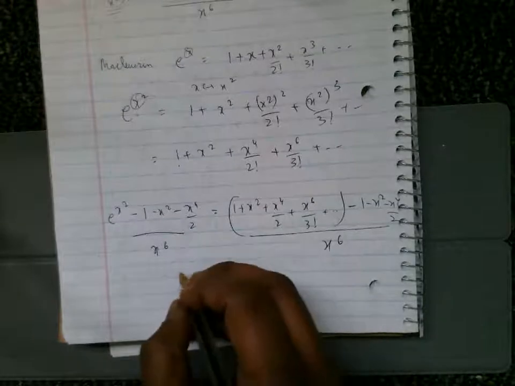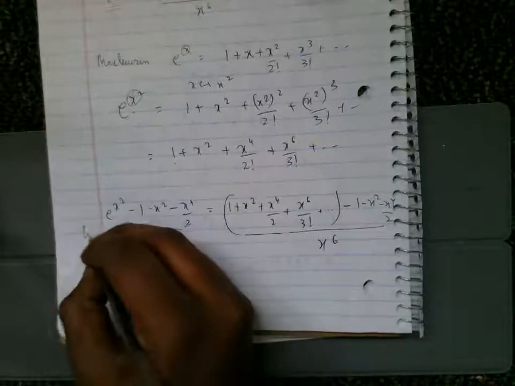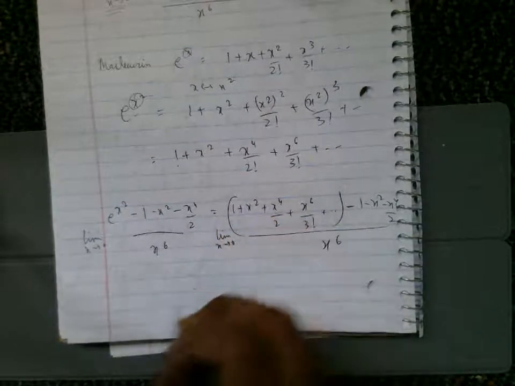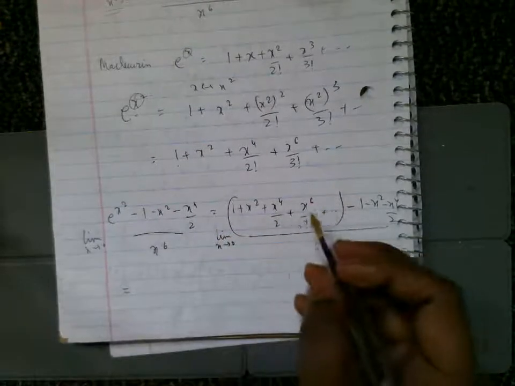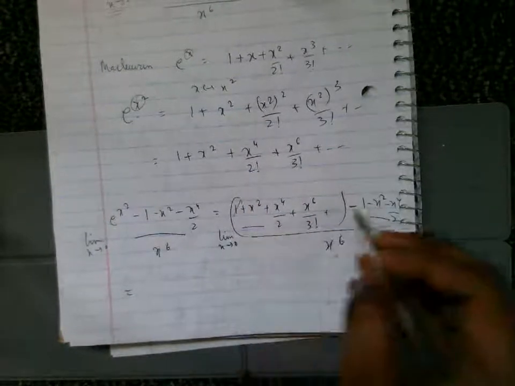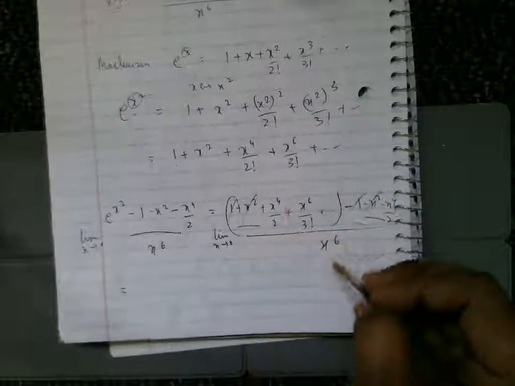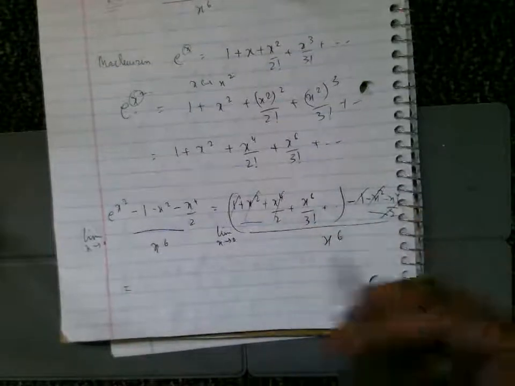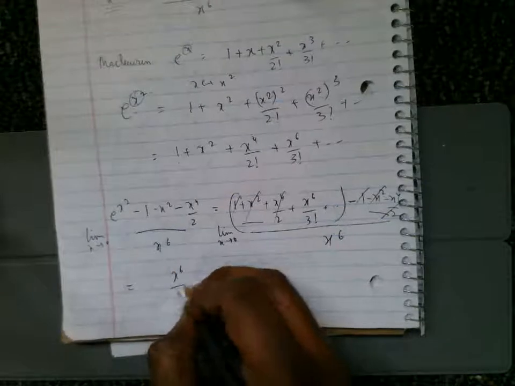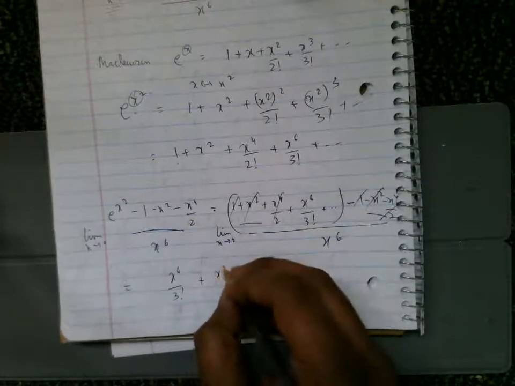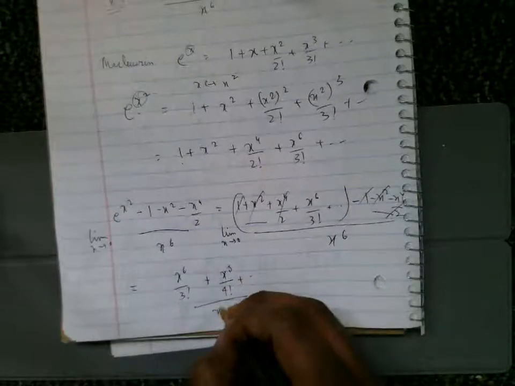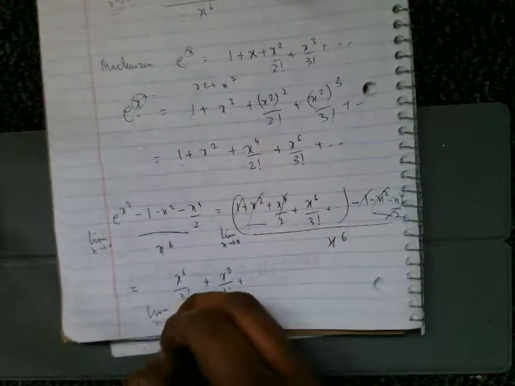And you want the limit as x tends to 0. Now the trick is that these terms are cancelling out: 1 will cancel out with 1, and the x square and x4 terms cancel as well. You just have x to the power 6 by 3 factorial plus x to the power 8 by 4 factorial and so on, divided by x to the power 6, with limit x tends to 0.